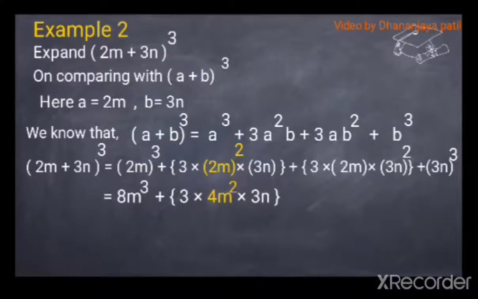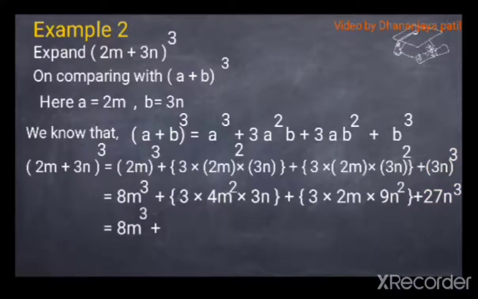In the third bracket, let's do the square of 3n. After solving, we will get the answer 9n square. Now the last term becomes 27n cube.